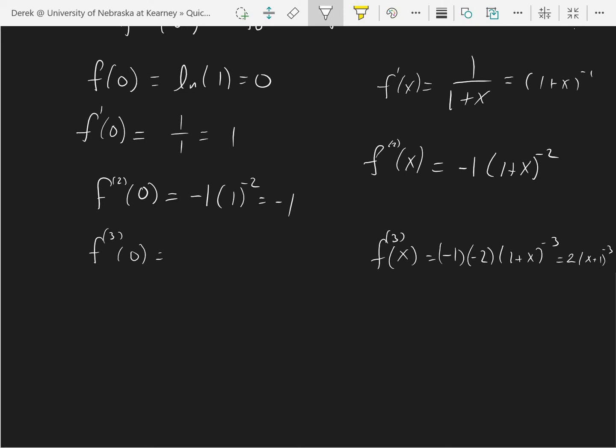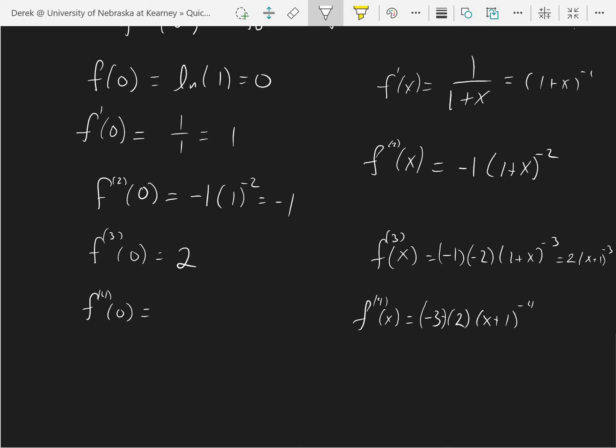So this is equal to 2 at 0. The fourth derivative at 0 is going to be the fourth derivative here at x. Well, what comes down is negative 3 times 2 times 1 plus x to the negative fourth.